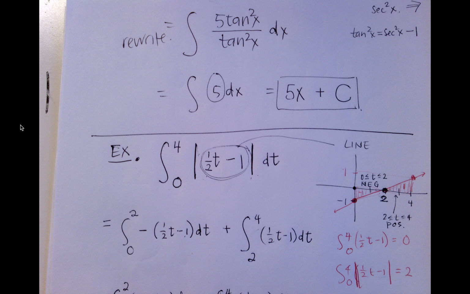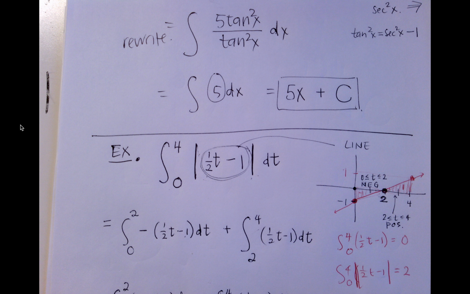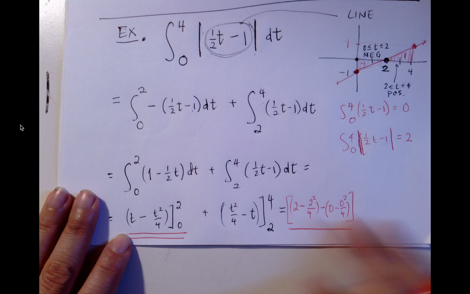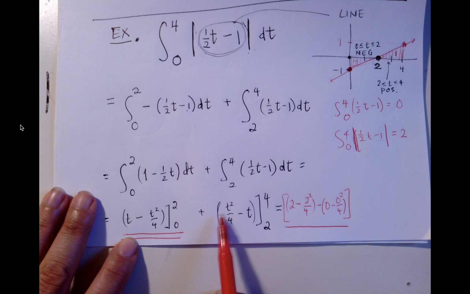So we know this should give us 1, and we end up with 2 minus 2 squared over 4 minus 0 squared over 4. Oh, sorry, I kind of stopped writing here.